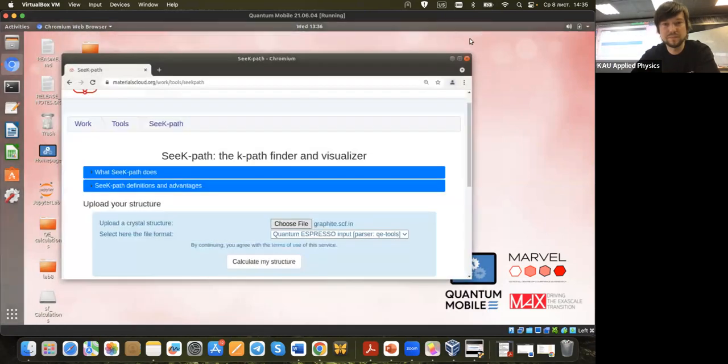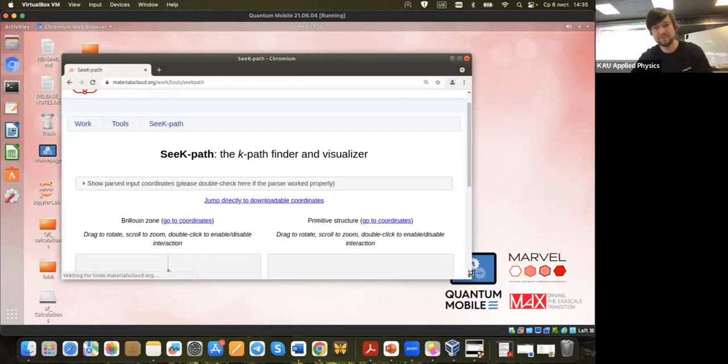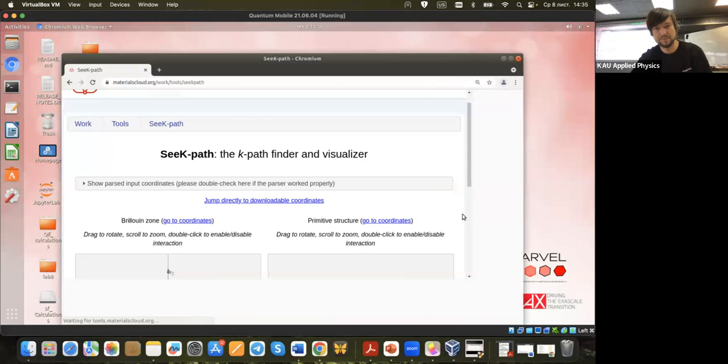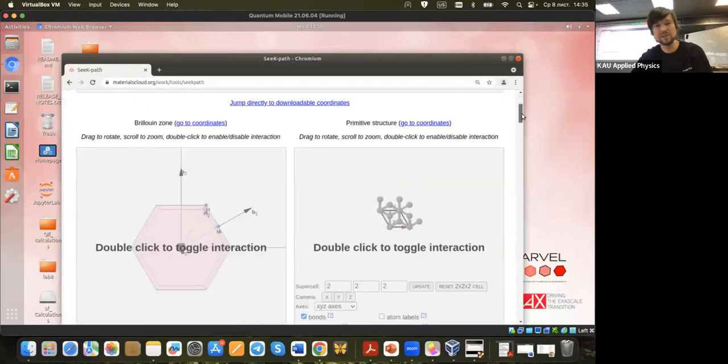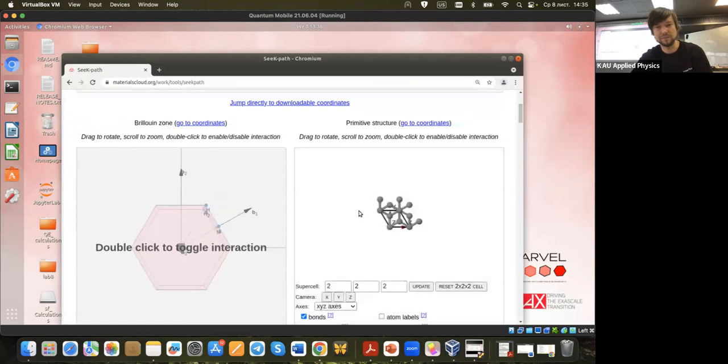Here is graphite as we saw it last week.